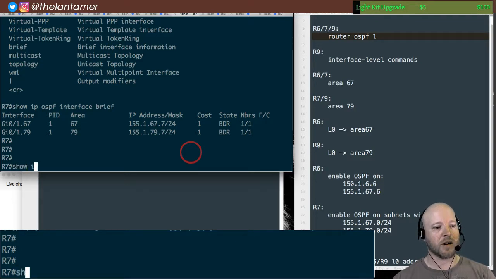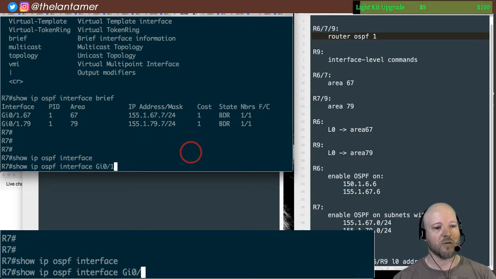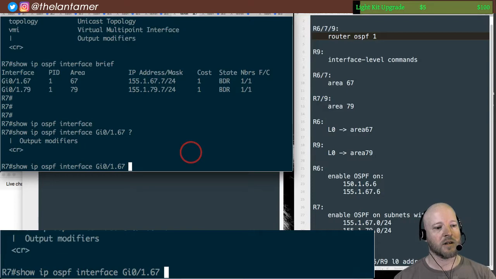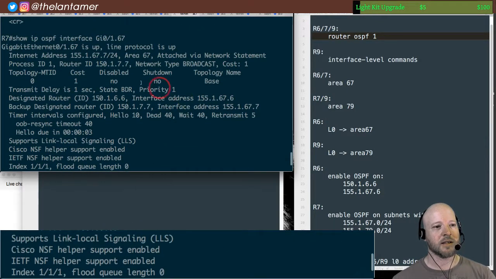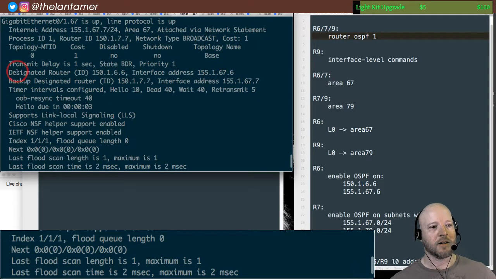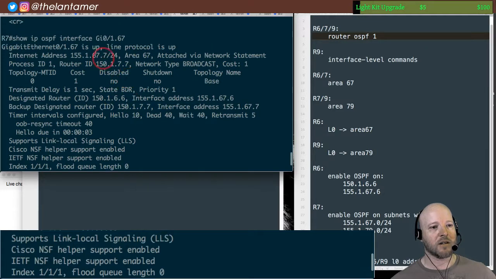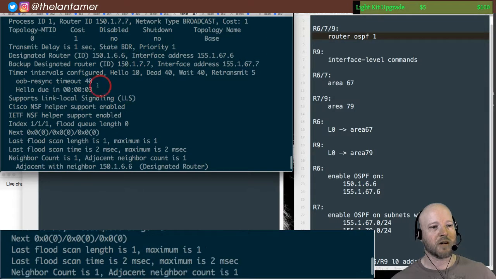So let's do show IP OSPF interface Gi0/1 67. Yeah, and here we get more details, of course. The cost, topology name, base, and network type broadcast. So that is the derived network type here. Transmit delay is 1 second, state BDR, priority 1.